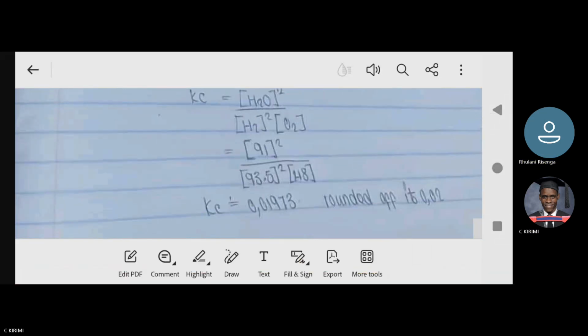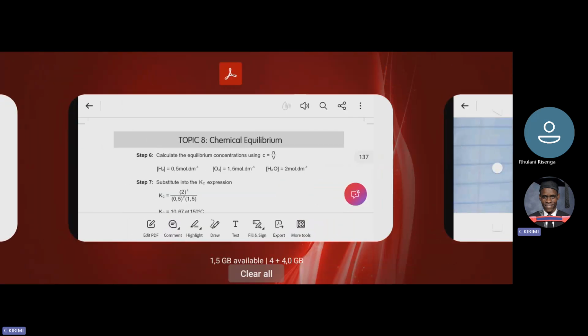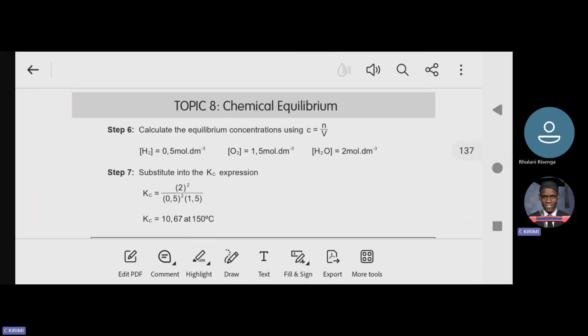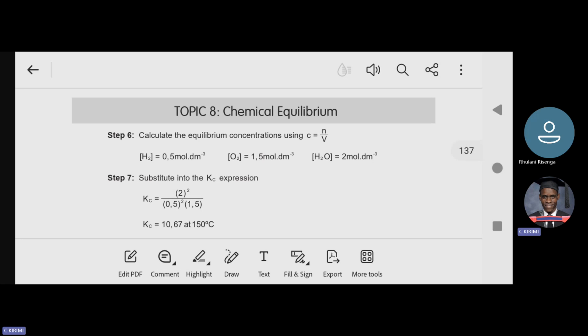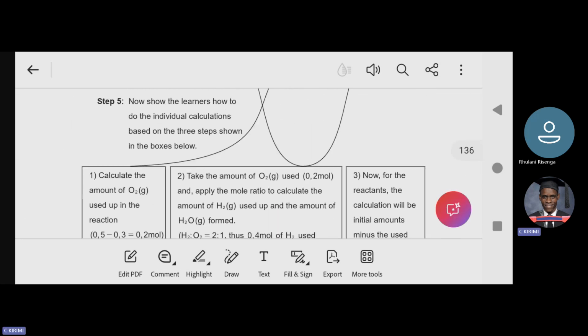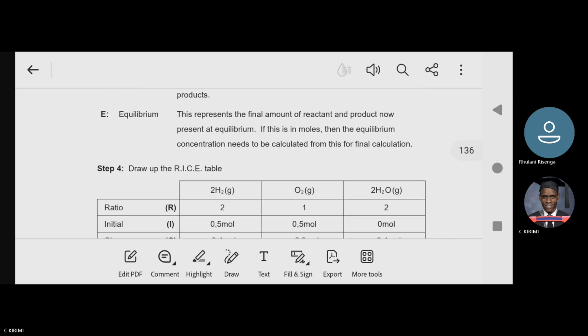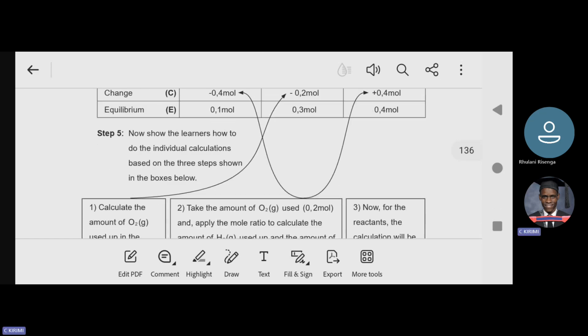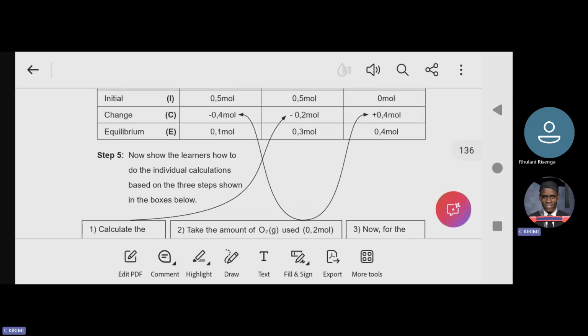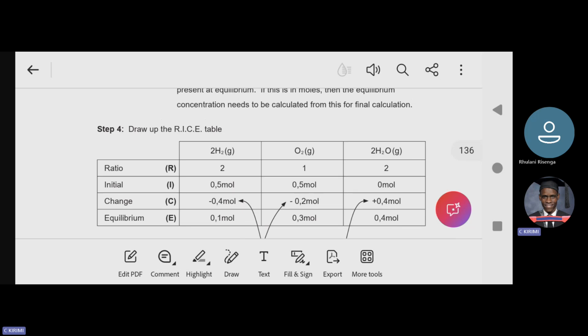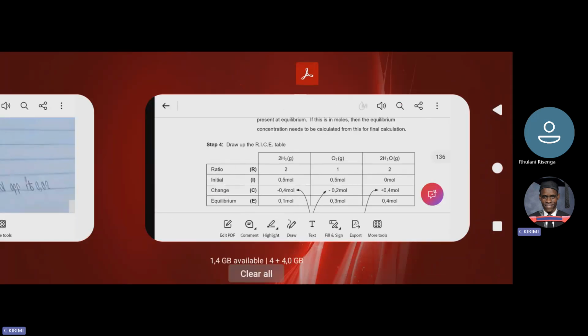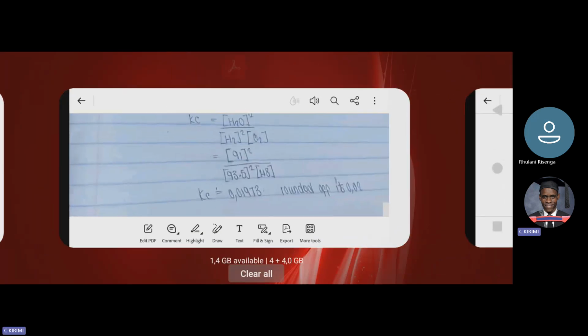Someone is getting 0.01973, and here the Kc value is 10.67. So let's go to the table so that we calculate step by step and correct your Kc value.